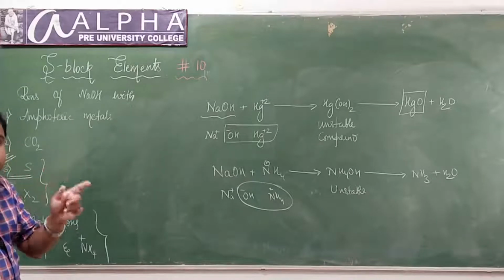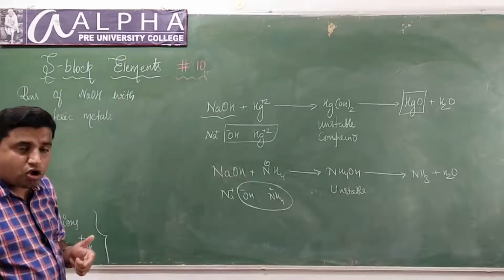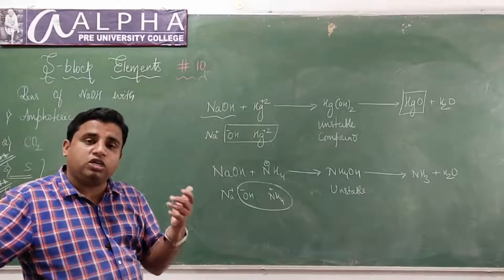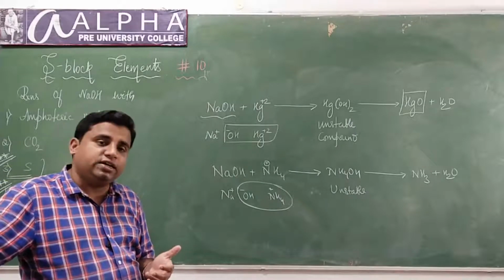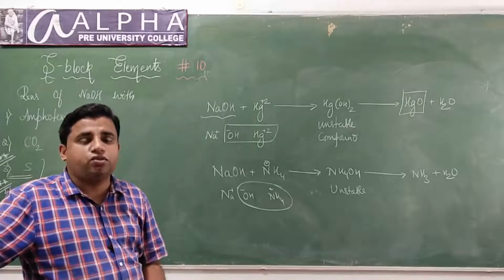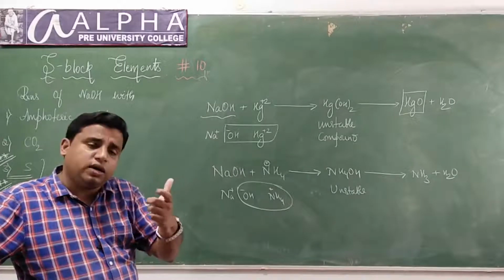Please note those differences. And lastly, we discussed the reaction of sodium hydroxide with many metal ions like ferric ions, chromium ions, manganese ions, nickel ions, copper ions, aluminium ions, etc. What is important is the colored compound that is formed. Iron ion forms a brown colored compound.